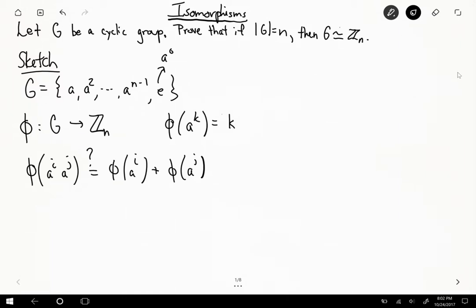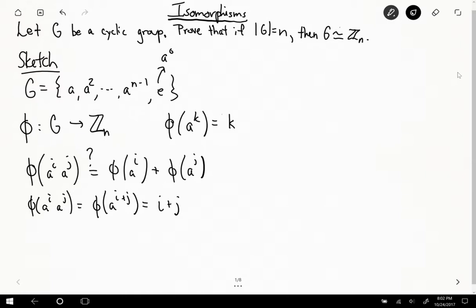Now, with this in mind, we can go through calculations. So phi of a raised to the i times a raised to the j, that's phi of a to the i plus j, just by our properties of how these groups operate. And what does this equal? Well, this equals i plus j.